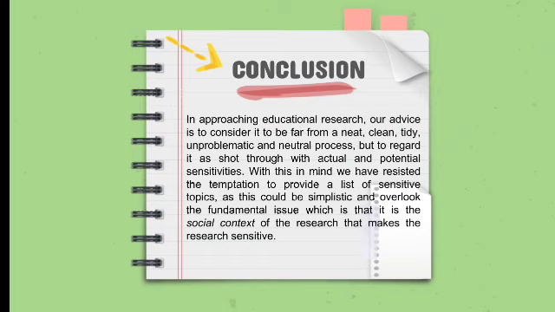With this in mind, we have resisted the temptation to provide a list of sensitive topics, as this could be simplistic and overlook the fundamental issue, which is that it is the social context of the research that makes the research sensitive.